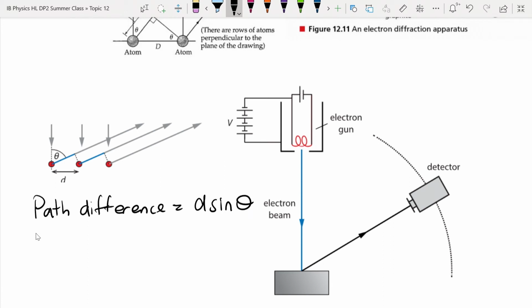And the constructive interference condition says that when the path difference is equal to nλ, you should get constructive interference, you should get a peak. So only at certain angles you get peaks. And that is exactly what they got.